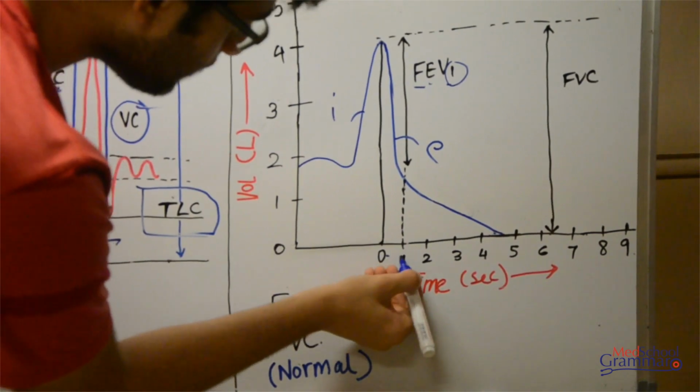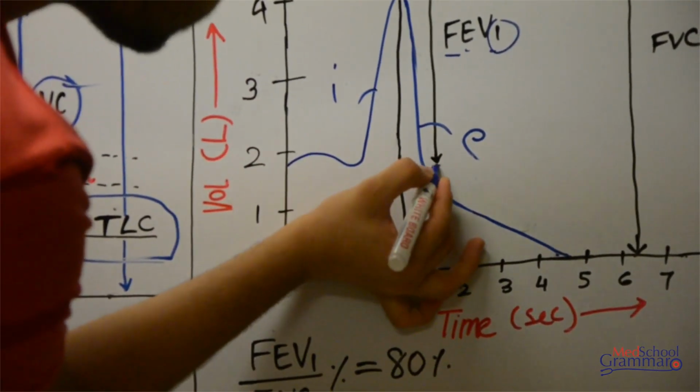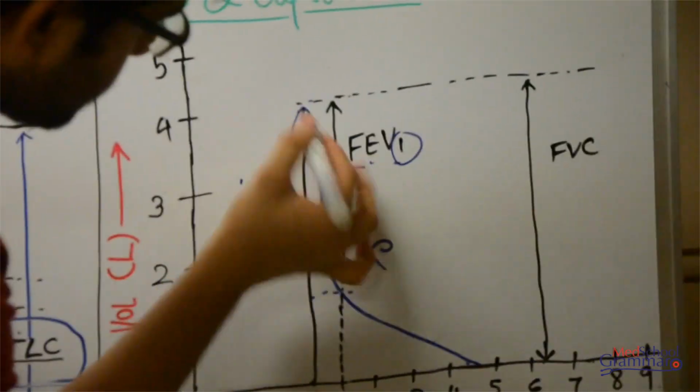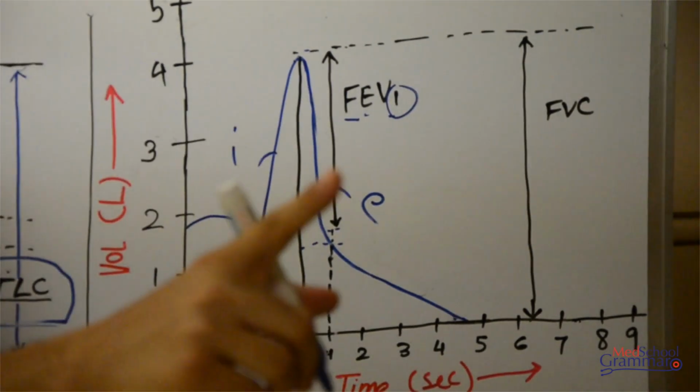This is the inspiration and this is the expiration curve. In expiration, see, this is the first second, and this is how much of the air is expired. So this is the actual amount of air that is expired in the first second.